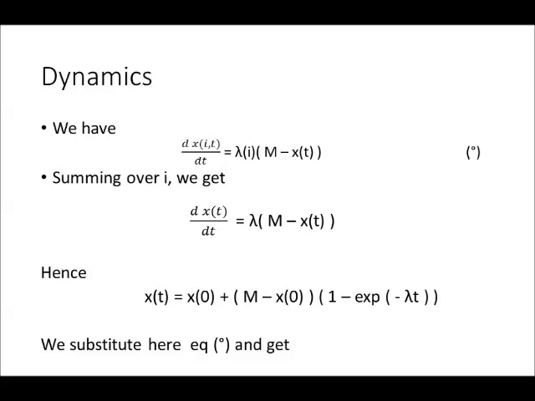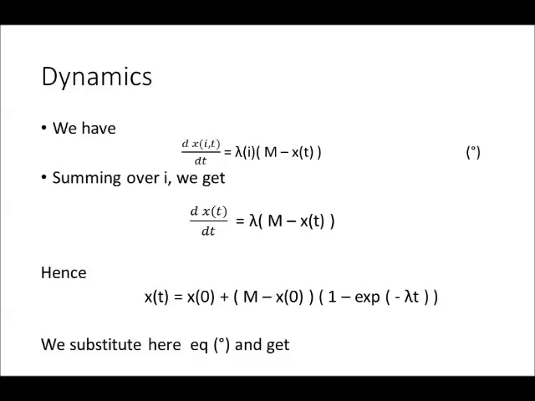If we take the summation over all i's, we get the following differential equation. The rate at which the total number of copies increases in the system is proportional to M minus x(t), the number of destinations that don't yet have a copy of the content. The scale factor is lambda, which is the sum of the popularities from all sources.